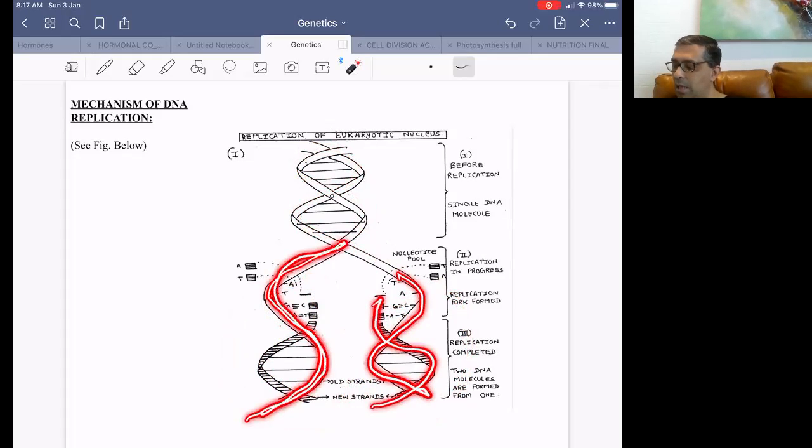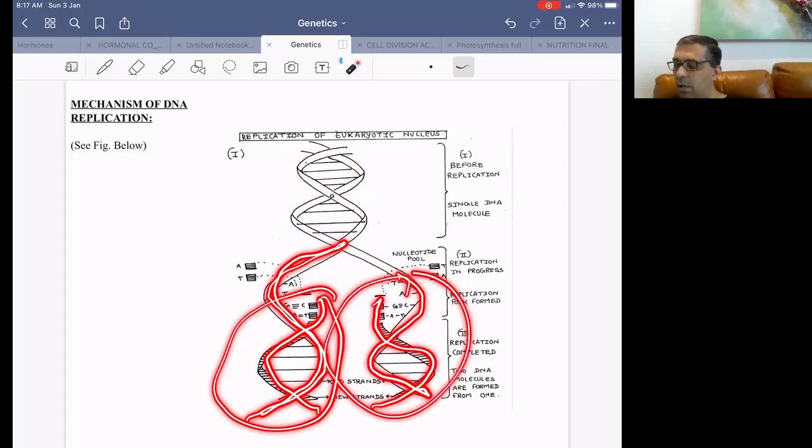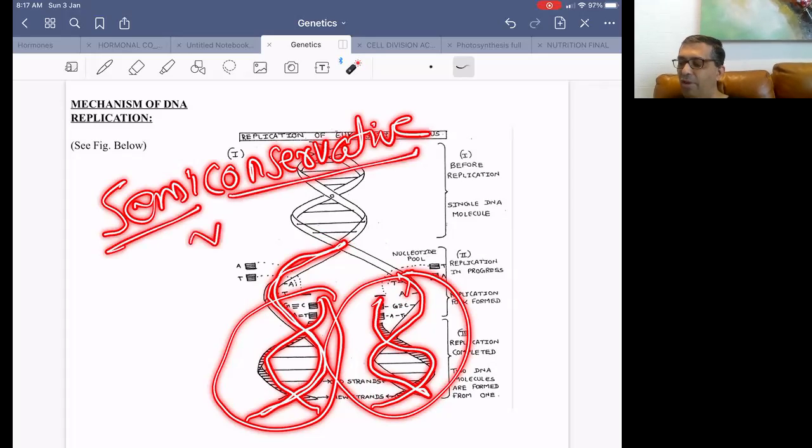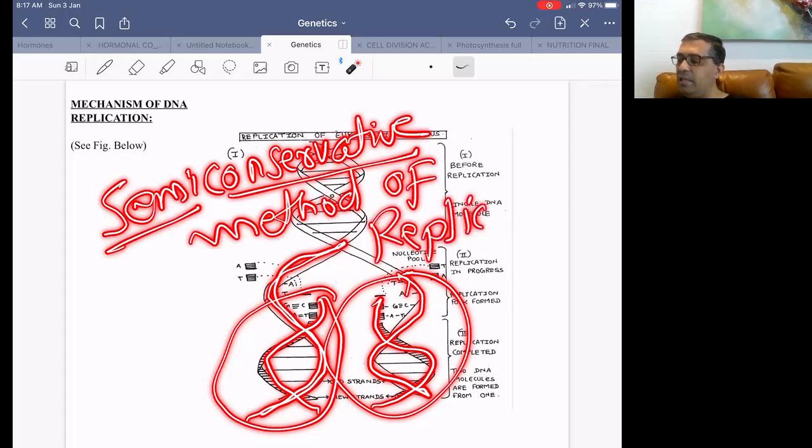The dotted black one is the new strand. Each daughter has an original strand and a new strand. Hence, this is called the semi-conservative method of replication, the half-conservation method of replication.